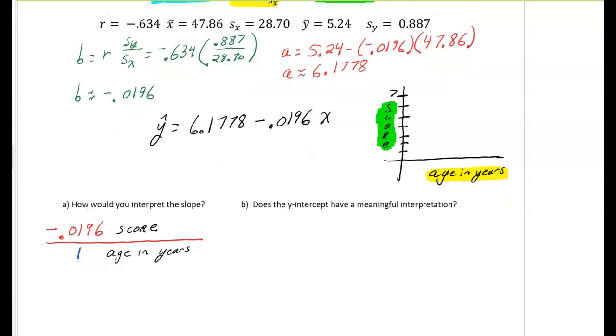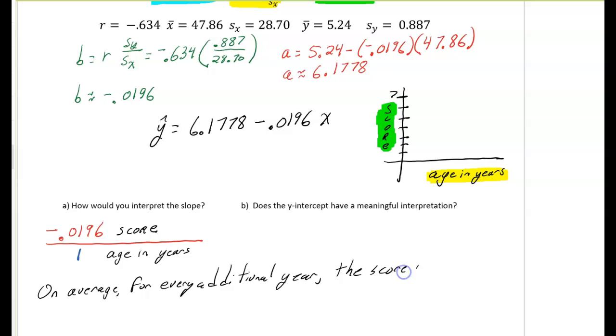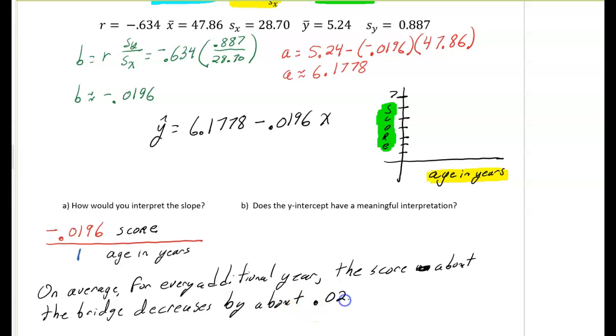The way I would interpret this would be the following. On average, for every additional year, the score on the bridges decreases, since it is negative, by about, and here I'm going to round to 0.02.